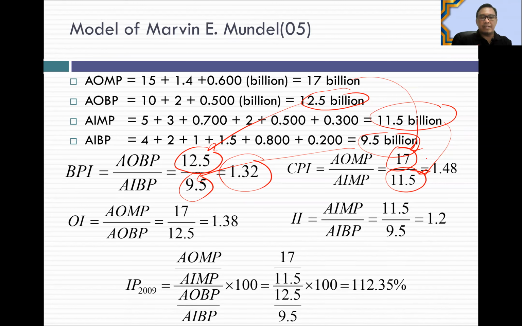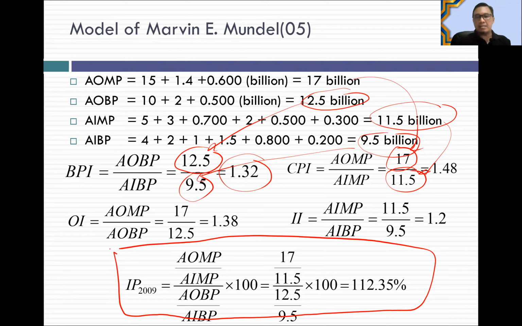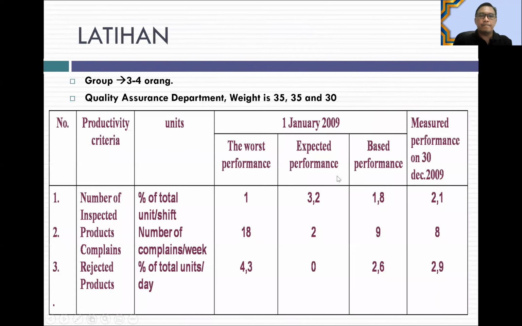And the productivity index in 2009, you can see here, is 112.35, which is good, and there is an improvement in the productivity index.